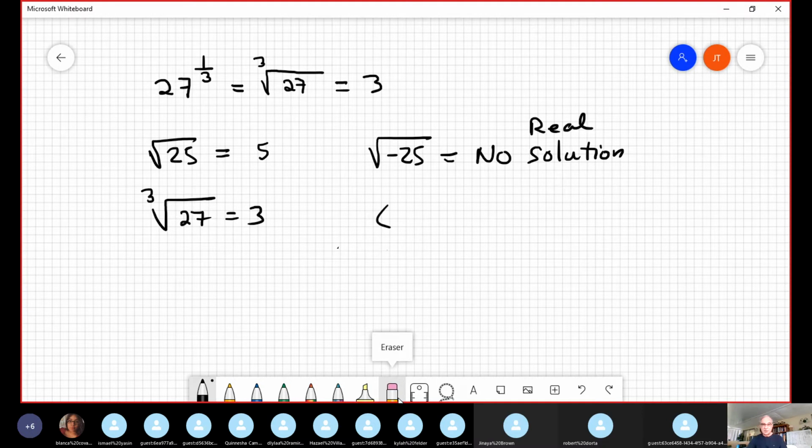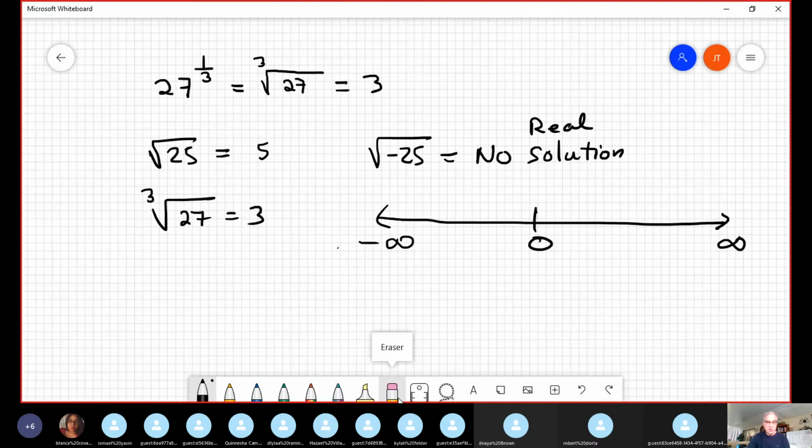The real numbers are the numbers on this line, from negative infinity to infinity, with 0 in the middle. And you say, well, professor, I know the idea behind the square root is to find one number that multiplied by itself gives me the number in the radical. That is the reason, in this case, 5, because 5 times 5 is exactly the number inside the radical, 25.